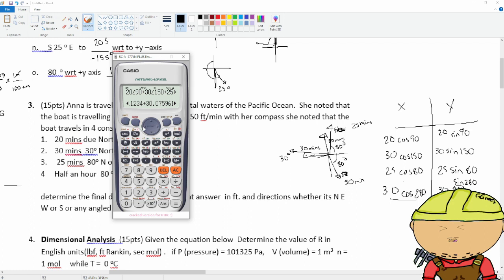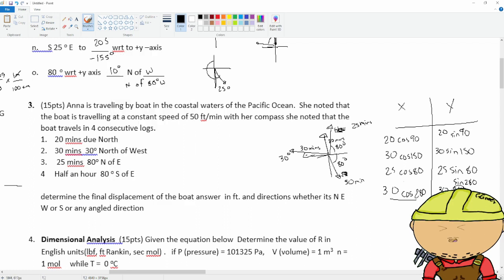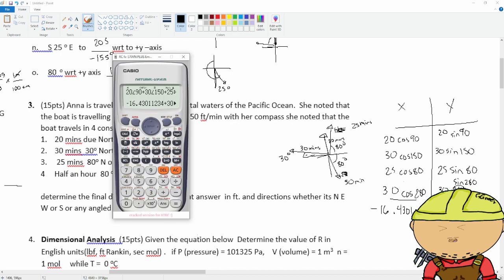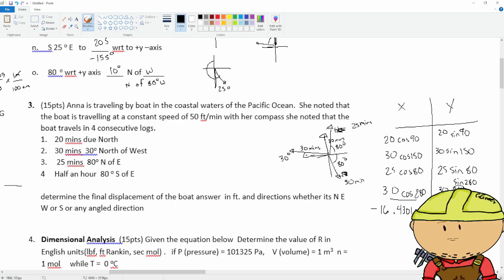I'm gonna write that down, but I'm gonna check if my answer is correct. 16.4301, then the other one is 30.0760. 30.0760 minutes. Yes, that's still minutes.